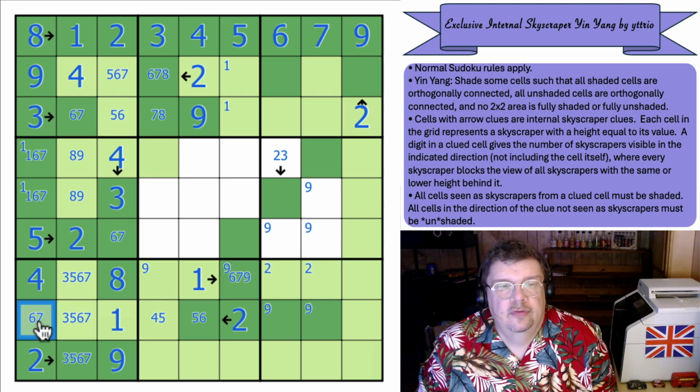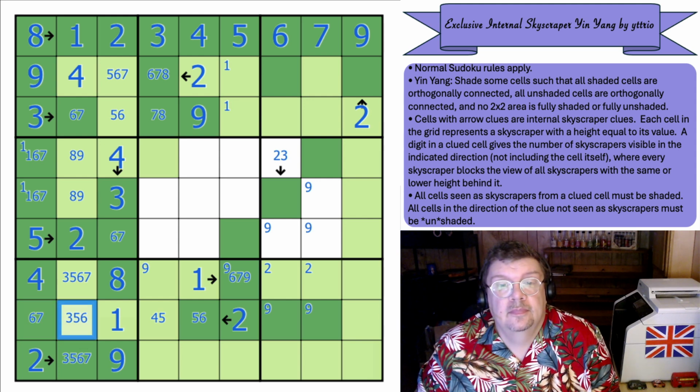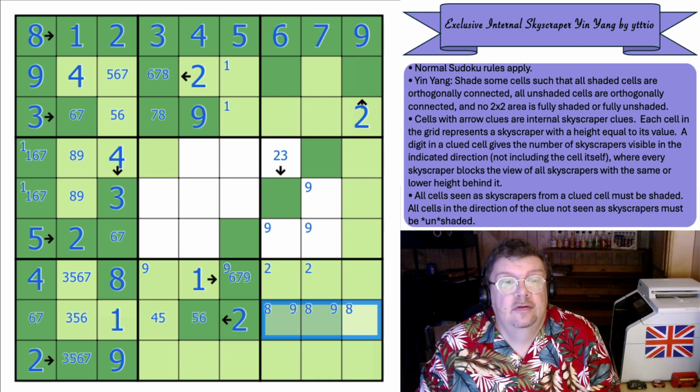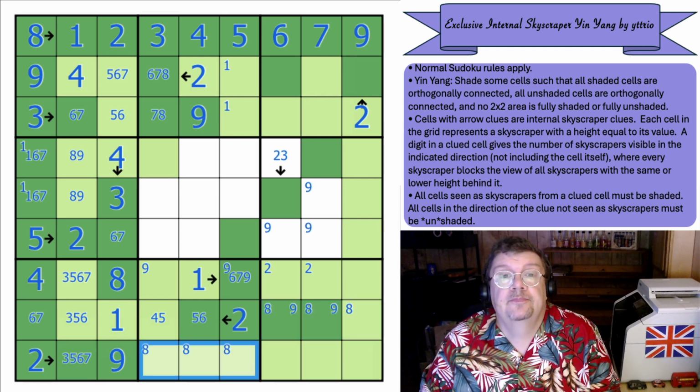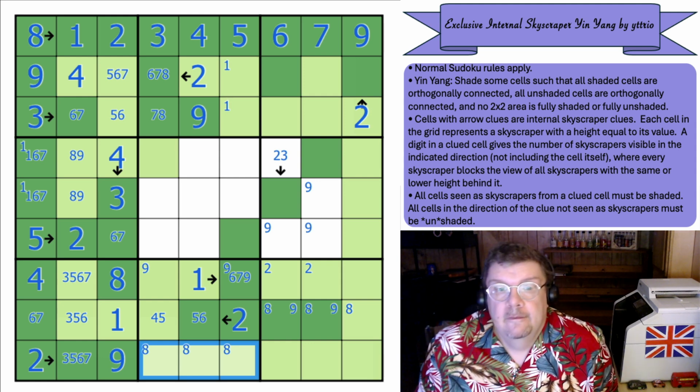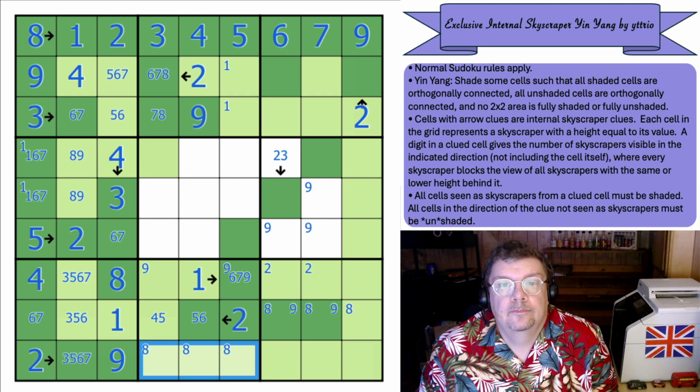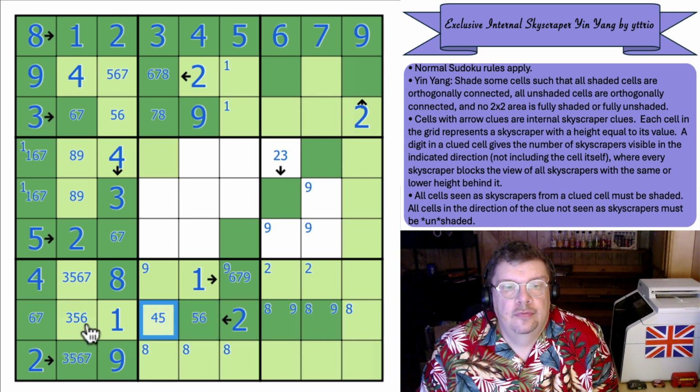Oh, this cell has to be smaller than that. So that can't be a 7. 8 goes into one of these cells, and therefore one of these. Okay. Five, 4, 3.